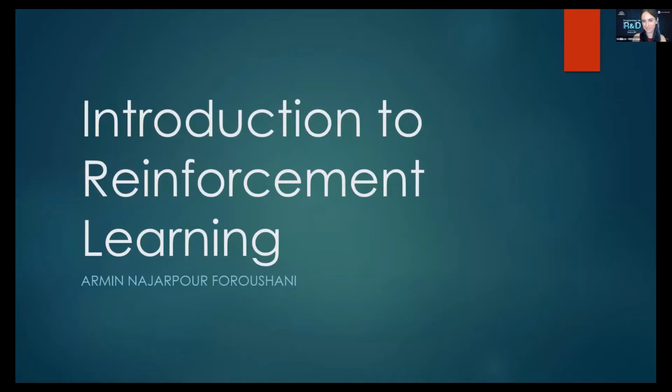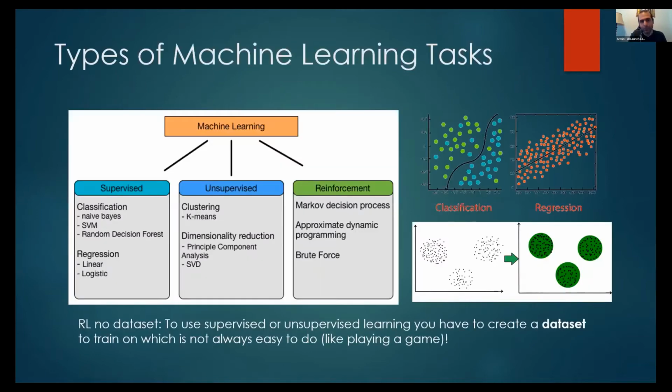Thank you. So this is an introduction to reinforcement learning. I will talk about the general concepts, and I think in the next workshop on the next Saturday, we can go a bit deeper into more stuff like how to train the model. In machine learning, we have basically three different tasks: supervised learning, unsupervised learning, and reinforcement learning.